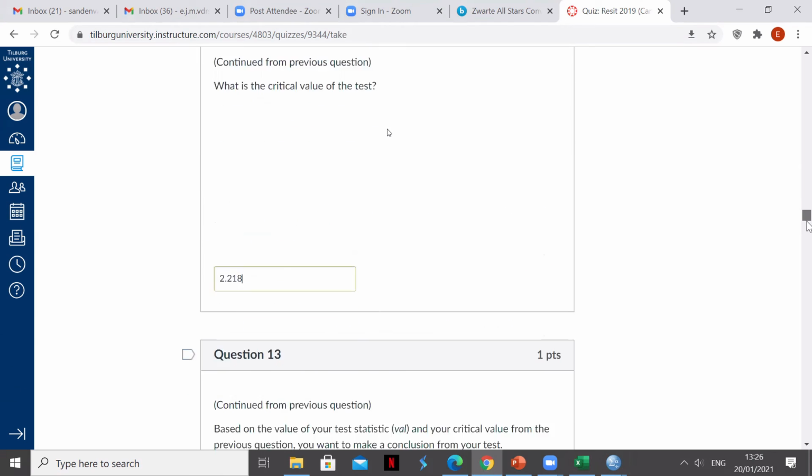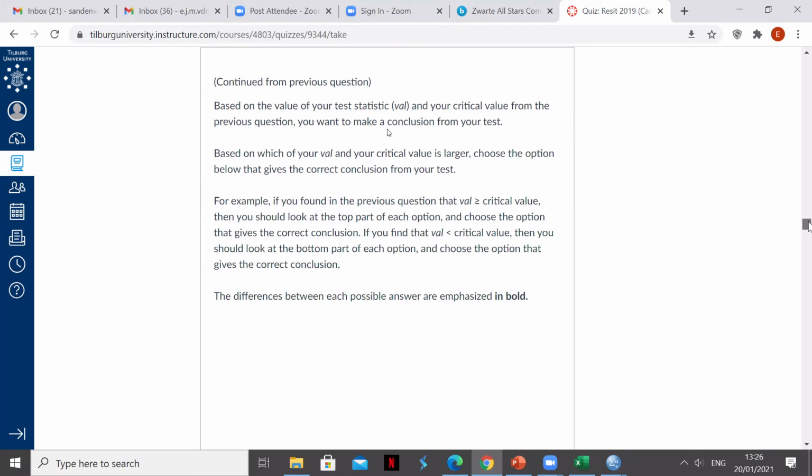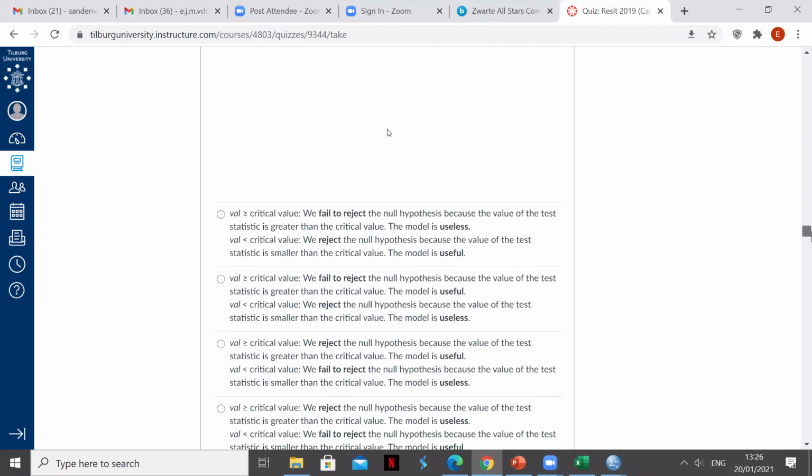Okay, and now this is the answer that we found. You're going to have to answer a question based on the value of your test statistic and your critical value from the previous question, where you want to make a conclusion from a test. You also have to tick the one that best describes your answer.